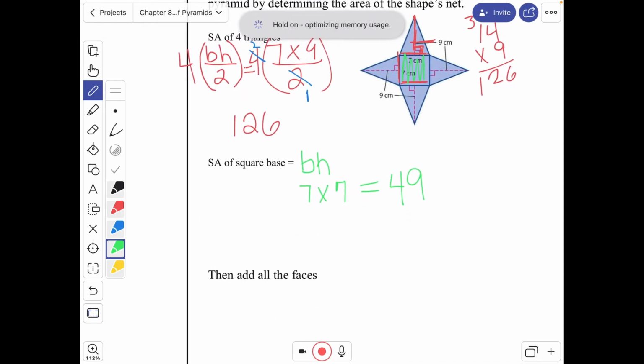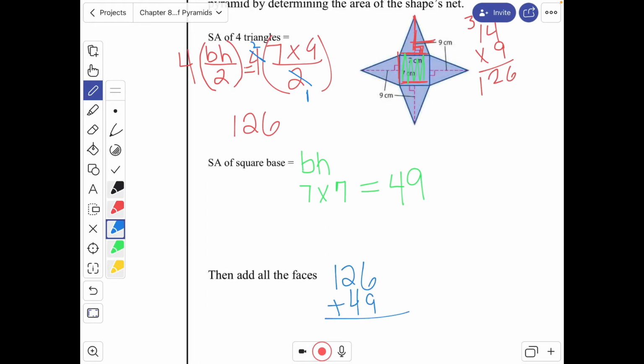Now we need to add those 2 up. So 126 plus 49. And that would be 175 centimeters square.